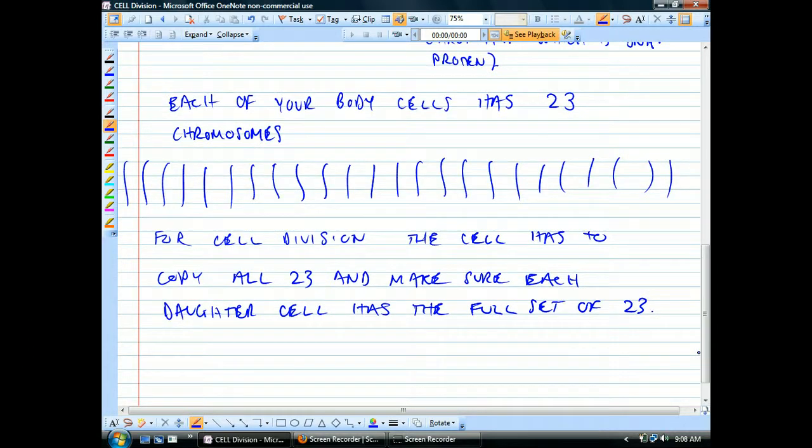Now, what this tells you is that there's a time in every cell when there are actually 46 strands of DNA. Okay? So, there will be a time when a cell has 46 chromosomes.